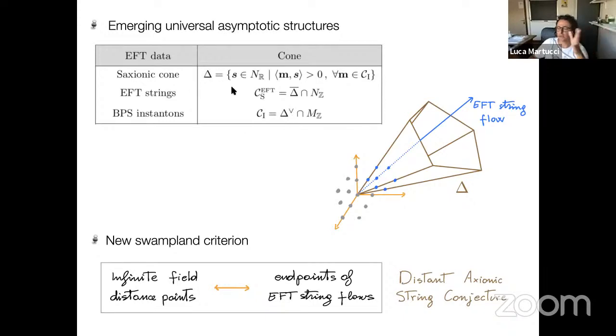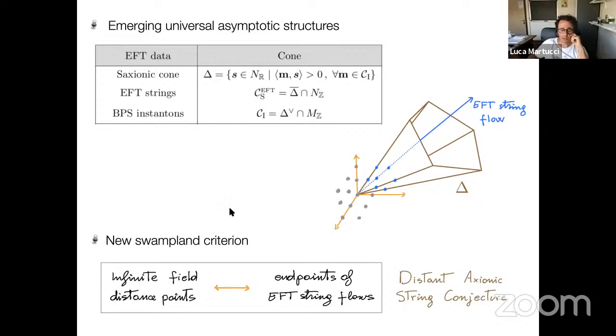Okay, so we tested this characterization of these perturbative regions in many examples, heterotic, type 2A, type 2B, F theory, M theory, and it seems to work in all cases. In particular, notice that the set of EFT string charges can be regarded as generating this axionic cone.